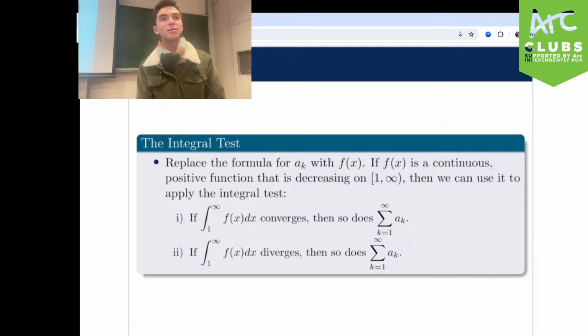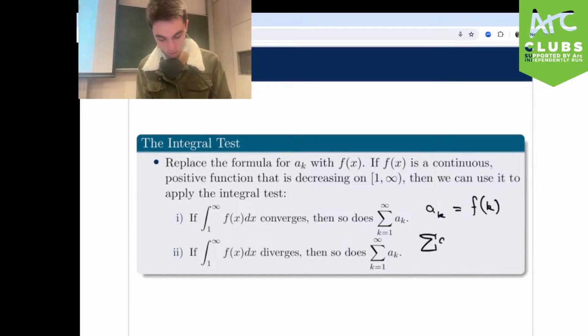Basically, what this is telling us is if ak is defined by some function f of k, which is continuous, positive, and decreasing, then the series involving a of k is going to behave the same way as the integral of f of k as n goes to infinity.